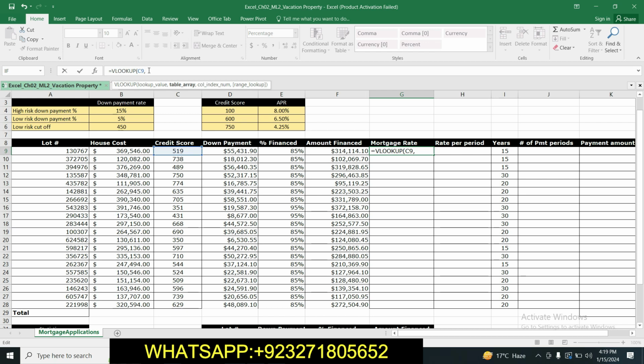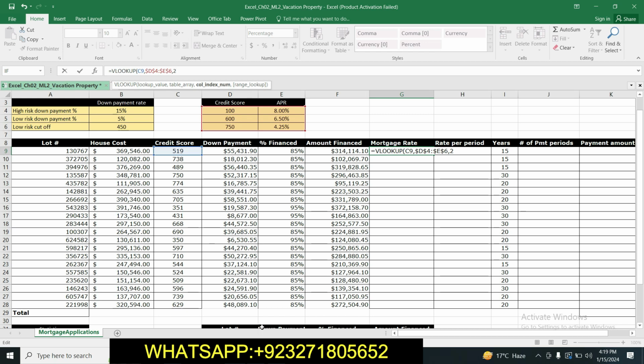Then select the table range D4 to E6. Use absolute reference.